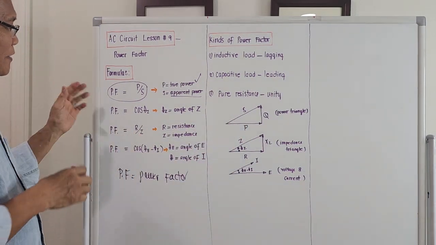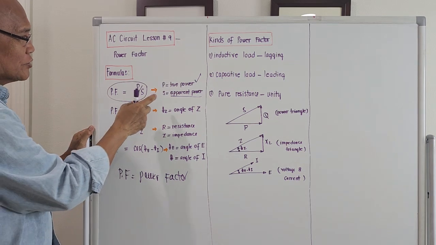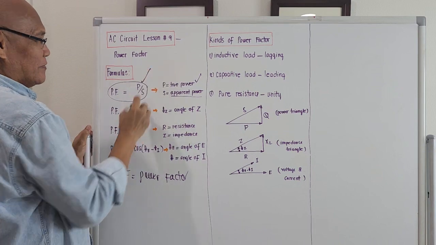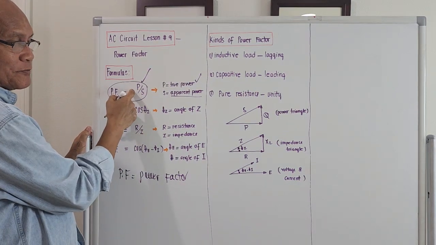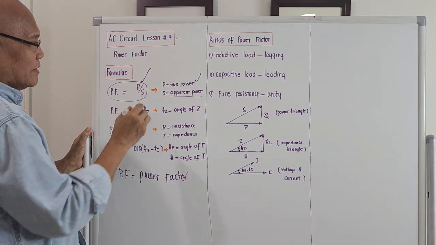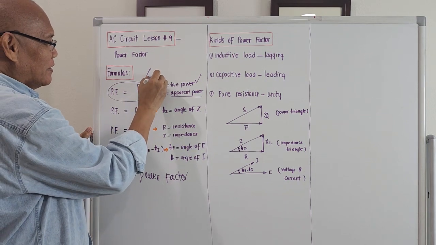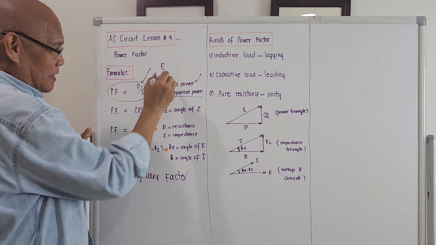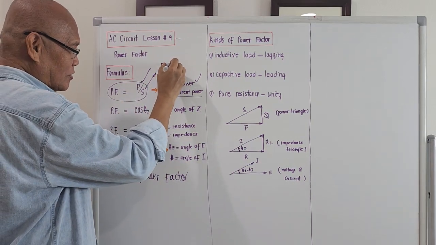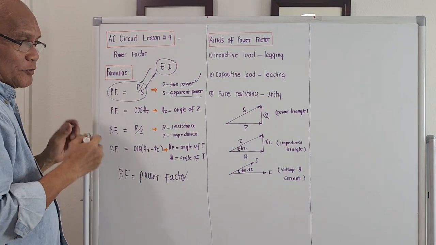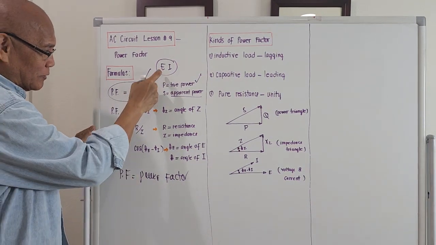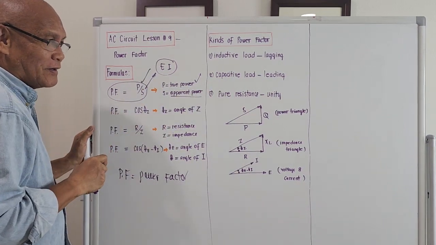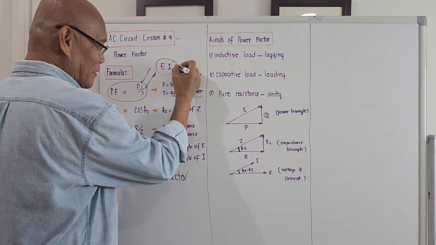So formula number 1 will be the ratio of true power over apparent power. True power, this is the one coming out from the meter, right? For apparent power, you just multiply the voltage of the utility company times your total current consumption. So this should be a very big one.